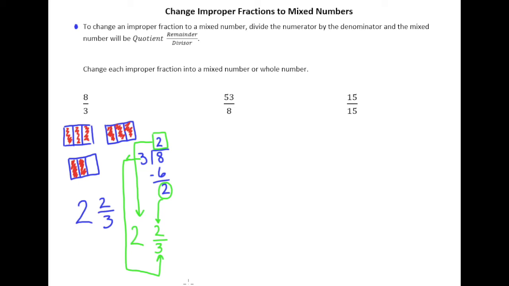Let's see why this makes sense in the context of that picture. When I fill in 2 of these, what I'm saying is that 3 goes into 8 2 whole times. That's where I get this 2 from. It's also where I get the 2 in this division problem. And the fact that I have 2 down here is saying that after I put 3 into 8 2 whole times, I get 2 left over.